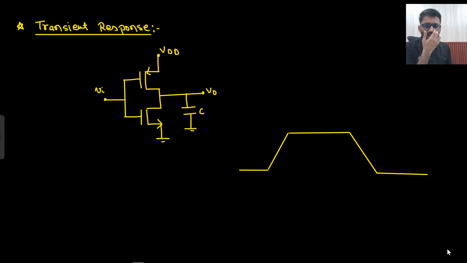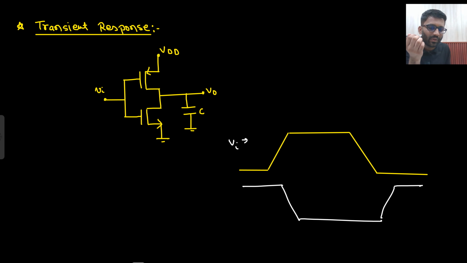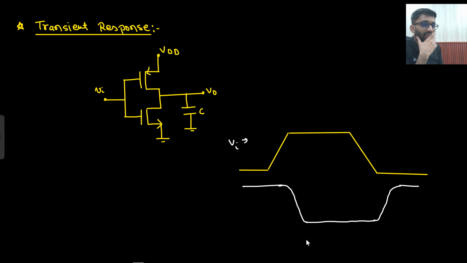Yeah, this transient response we can see. Okay. So if this is the applied input, then how will your output look like? Then you will say that, sir, it should go like this, right? Or you can say that, sir, somewhat like this, a bit of curvature would be there. But when you do the simulation, like those M.Tech guys must have done, at least this simulation they must have done.